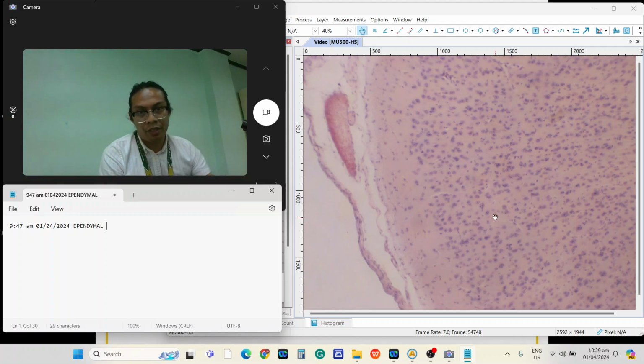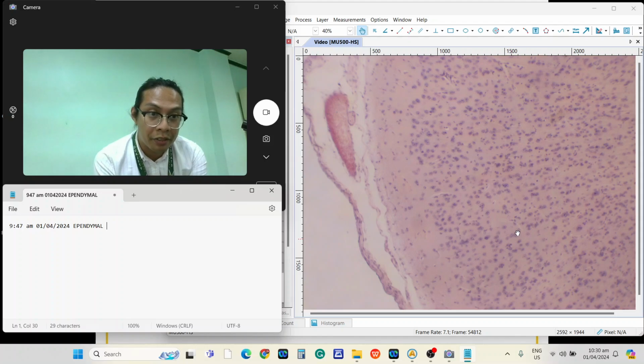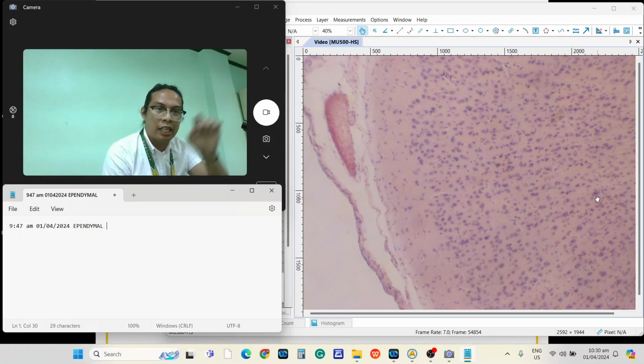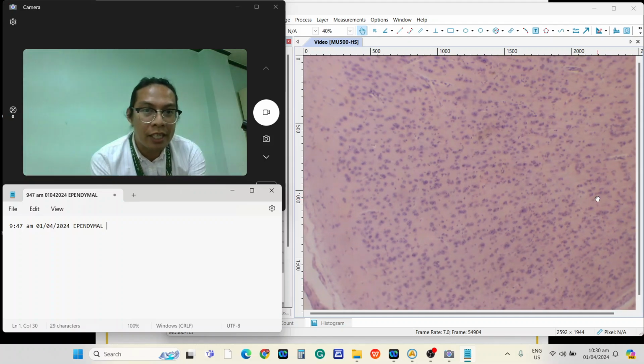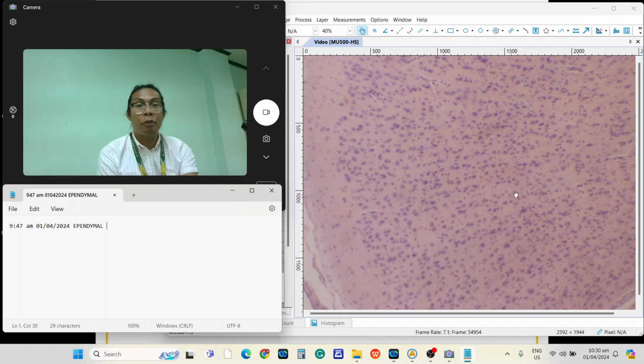So this is of course the molecular layer. Then the outer granular layer. Then may makikita kayong, although jots lamang, parang paisa-isa lang. Pero kung titingnan nyo siya, continuous yan. Na meron pyramidal cell. So that is a pyramidal cell. Another pyramidal cell. So that is the outer pyramidal layer.